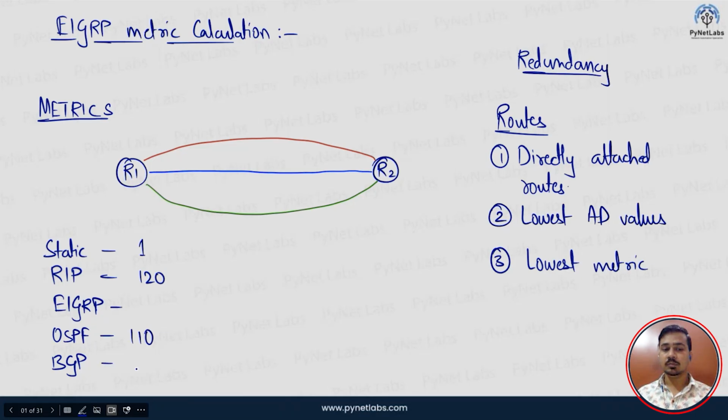For BGP, we have 20 for eBGP and 200 for iBGP. These separate AD values help the router determine which route is the best.